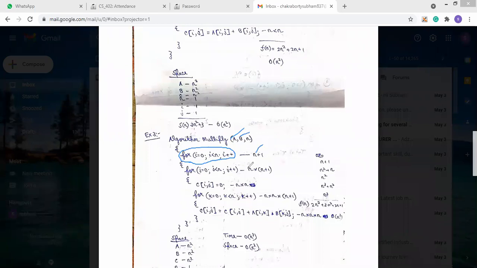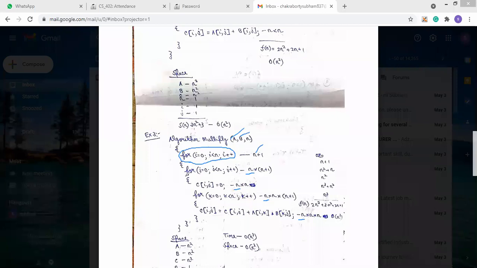So at first time, this loop is n, this statement is also n, this loop is also n, and this is also n, because we are considering first this outside loop, and inside this loop all the things present will be executed n number of times. That's why at first it is n, n, n, n.